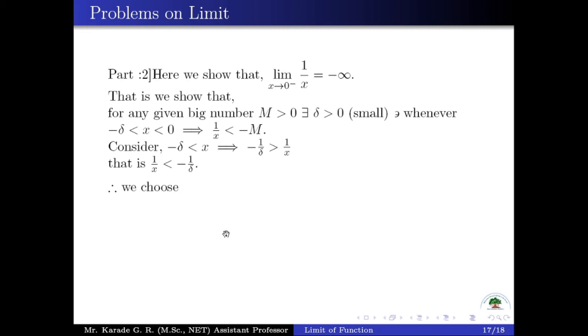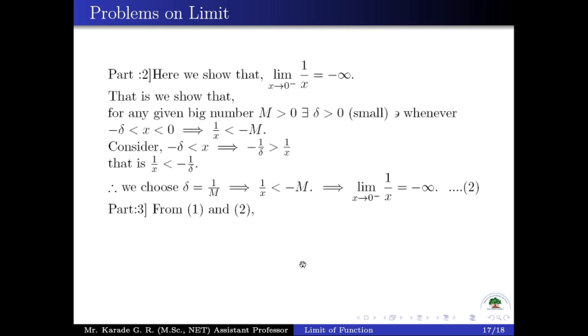Therefore we choose delta equal to 1 upon m. If I choose delta like this, then 1 upon x becomes less than minus m, and this is our aim to show. So the limit of 1 upon x as x tends to 0 minus is equal to minus infinity.